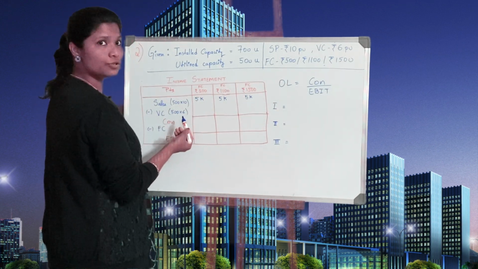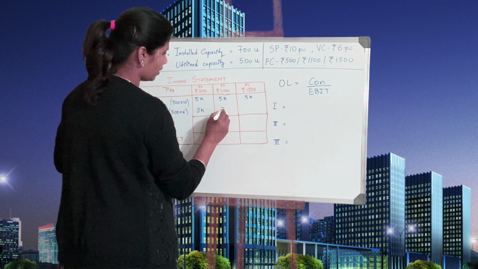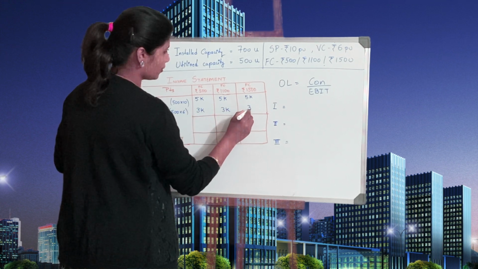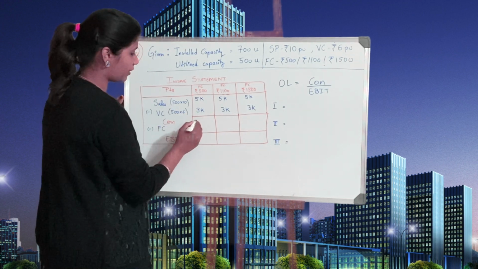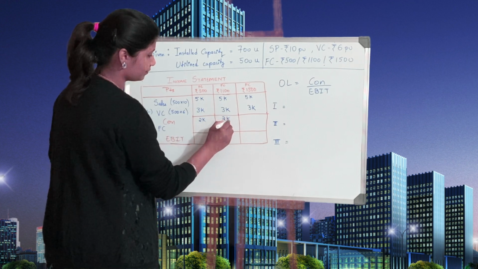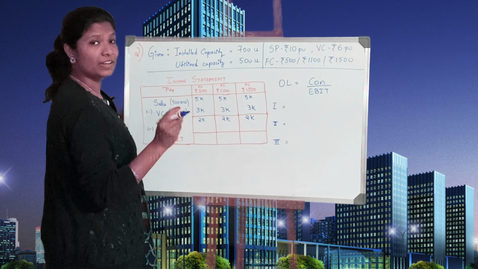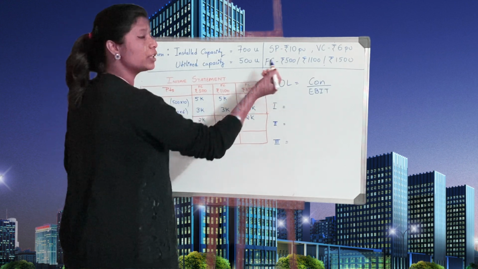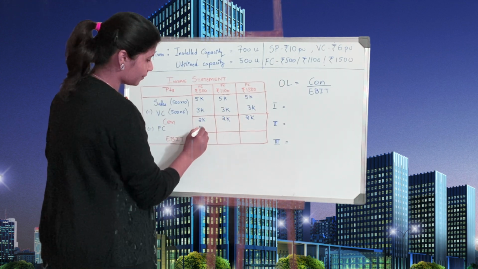So 500 into 6, that will be 3,000 for each. Once I deduct sales minus variable cost, I arrive at contribution 2,000 each. The fixed cost is given for each of the levels in the question itself. So I'm just going to copy that.